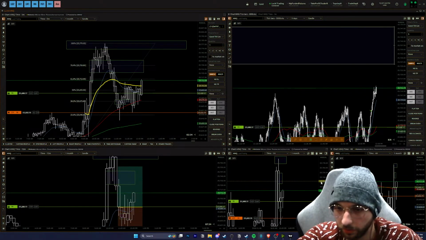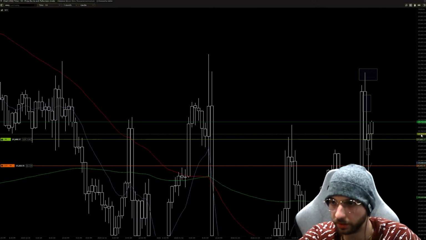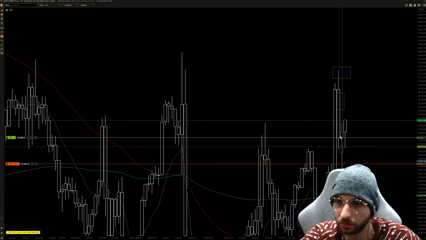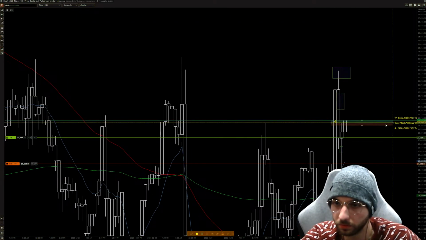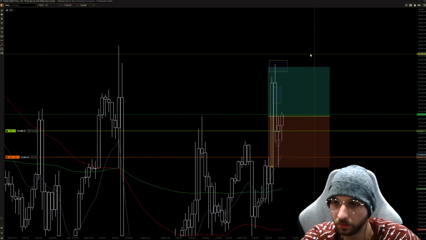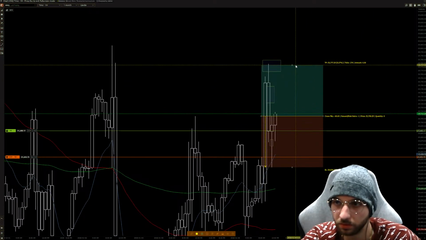This is the 1 hour 3-bar reversal confirmed. What's a 1-to-1 on that? That's pretty much the highs.